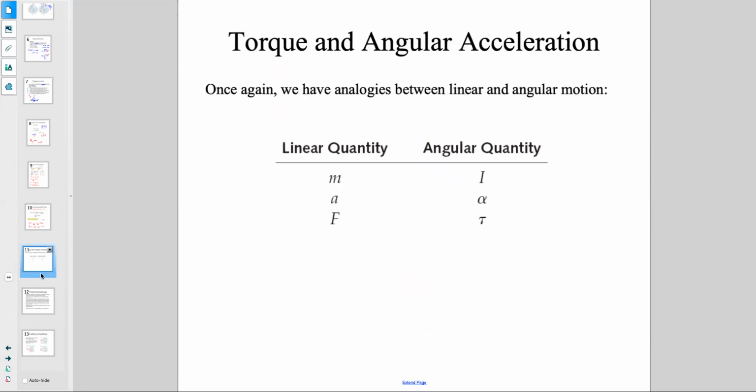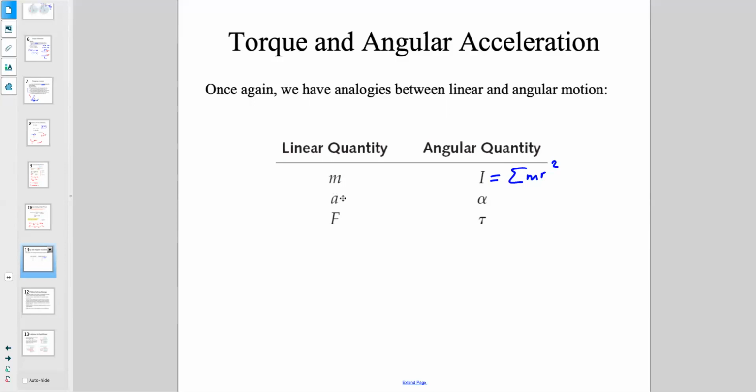As I said, we have the same analogy. Whatever we have in linear motion, we'll have the same concept in angular motion. In linear motion, we have M. In angular motion, we have I, the moment of inertia, which depends on the mass, mr squared, or on the shape, so it depends on all of these little particles that make up the object.